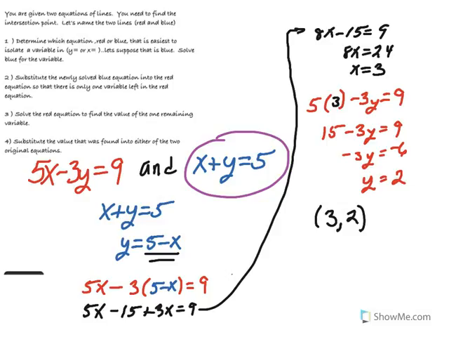Also note that if we had plugged into the blue one, we would have had 3 plus y equals 5, or y equals 2, which is the same solution. So we know our intersection point is at the point x is 3, y is 2.